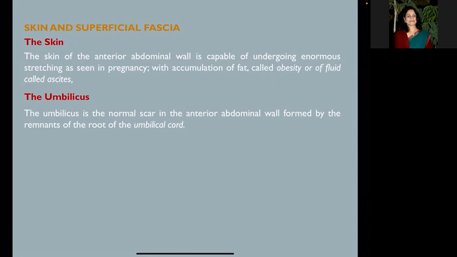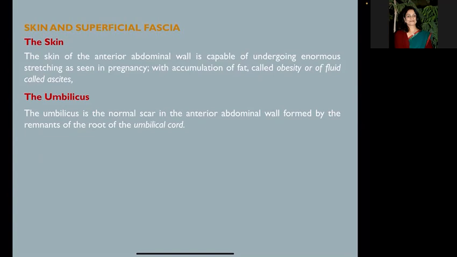Why are these Langer's lines important? When any incision in the abdomen is given, if it is along the Langer's line, it would cause minimum scarring. And if it is against the Langer's line, it will cause a bad scar because of hypergrowth of the collagen fibers.